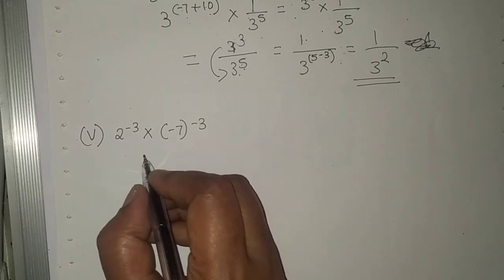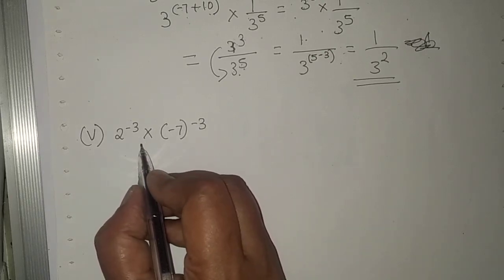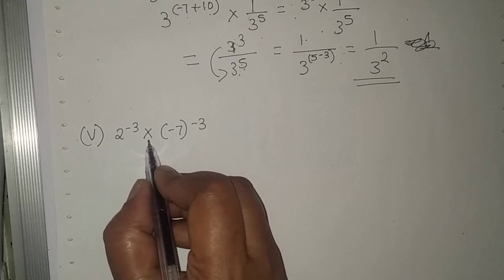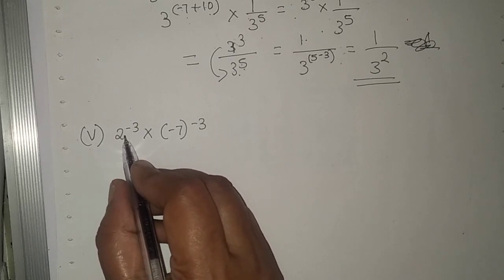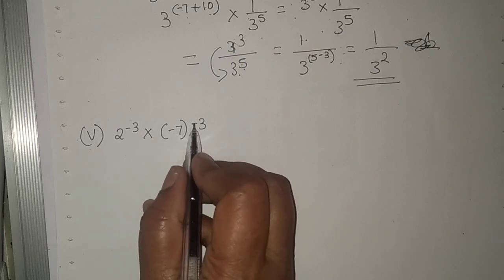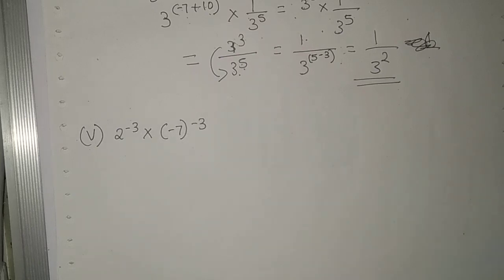So we move on to the last problem here. That is 2 power minus 3 into minus 7 to the power minus 3.